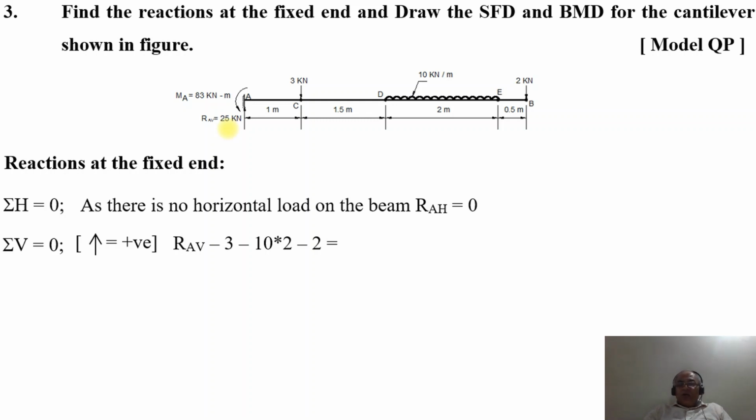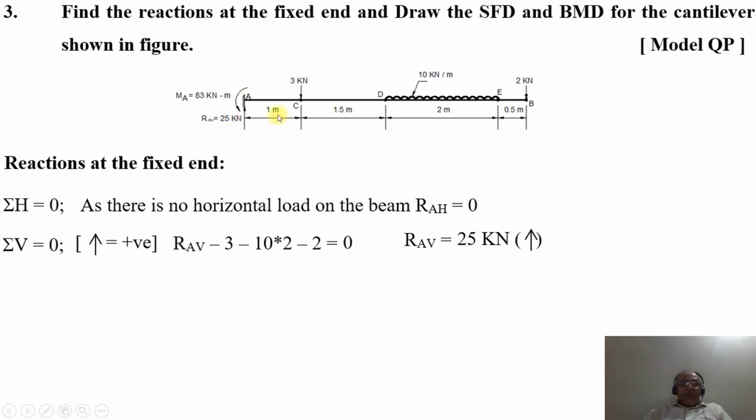Then the load acting downwards at the point B is minus 2, which will be equal to 0. On simplification, RAV will be equal to 25 kilonewton. As it is positive, it is acting upwards. So RAV acts upwards by 25 kilonewton.